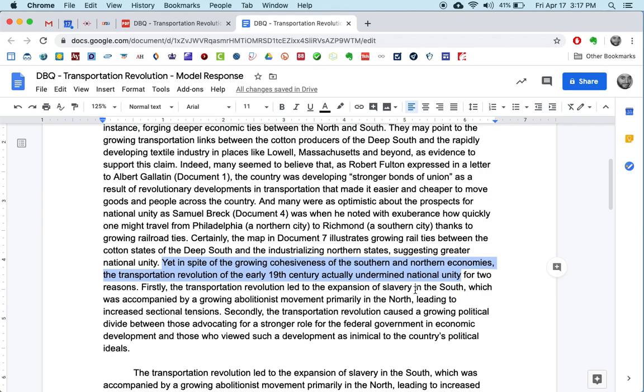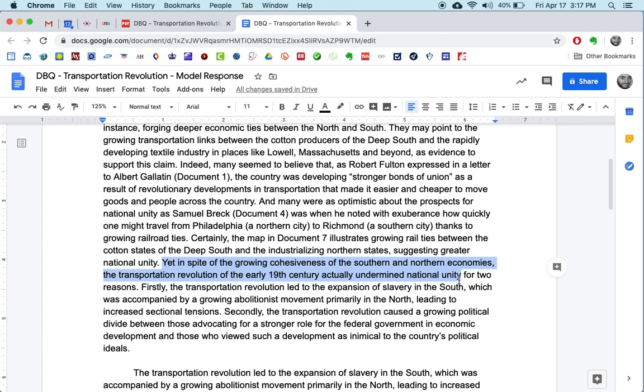You're not providing categories of analysis that answer the question. You're just giving a yes or no answer, basically. Yes, there was national unity. No, there wasn't. But they want you to go beyond that, to explore reasons why you think there was or was not greater national unity as a result of the transportation revolution.